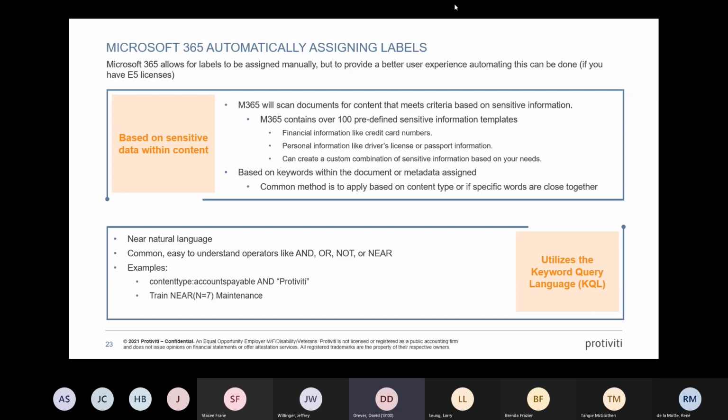What I'm saying here is that if train and maintenance are within 7 words of each other, that's probably a train maintenance document, so I can label it accordingly. So that NEAR keyword is actually used to make sure that 2 or more words are near each other in order to help determine if that is the type of document I'm looking for.